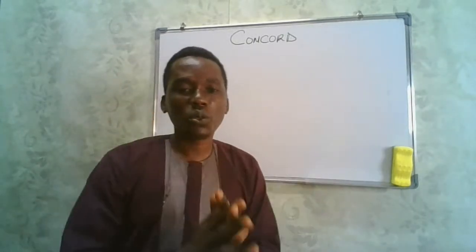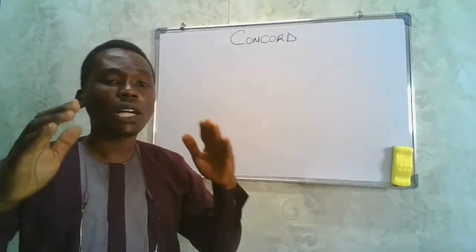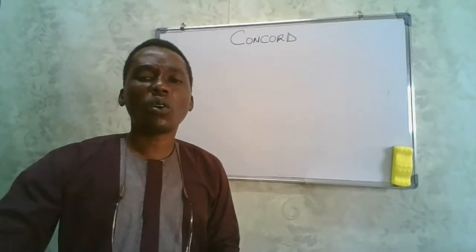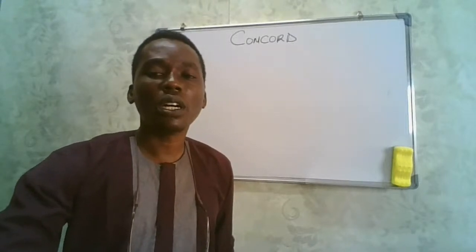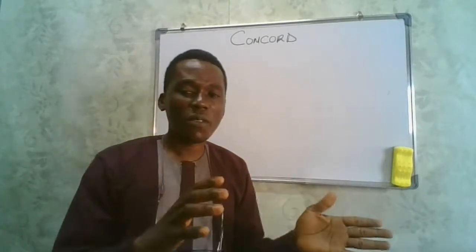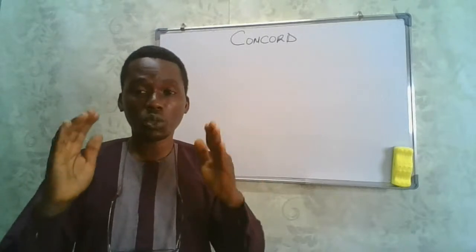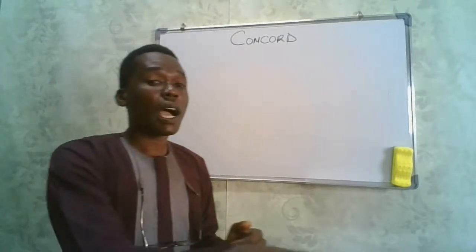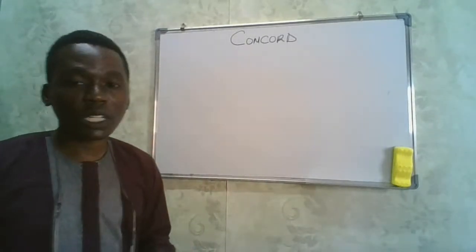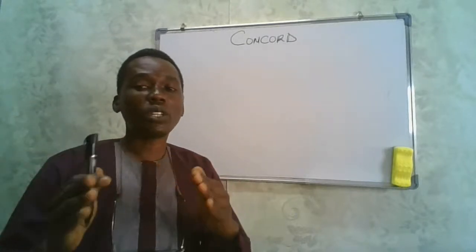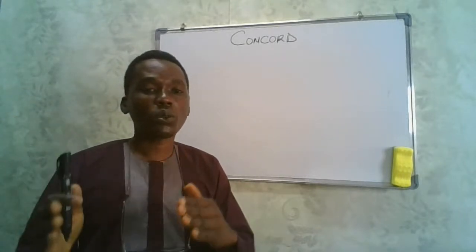So let's go straight to our topic for today. We'll be looking at Concord. Now, what is Concord? When we talk about Concord, we should be talking about the agreement between verbs and subjects. And that is the key important thing you need to know. So Concord means agreement between subjects or verbs, or between verbs and other elements of clause structure.